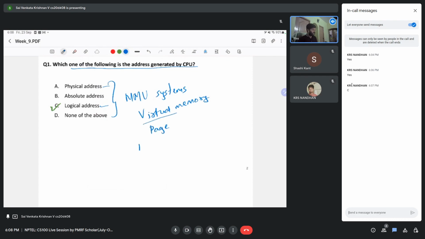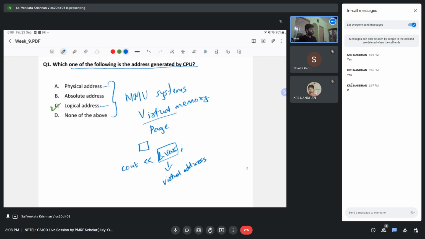So if you print the ampersand of a variable, the address where this variable is stored, whatever gets output on the screen, the displayed value is the virtual address. This is the one that your CPU would generate.